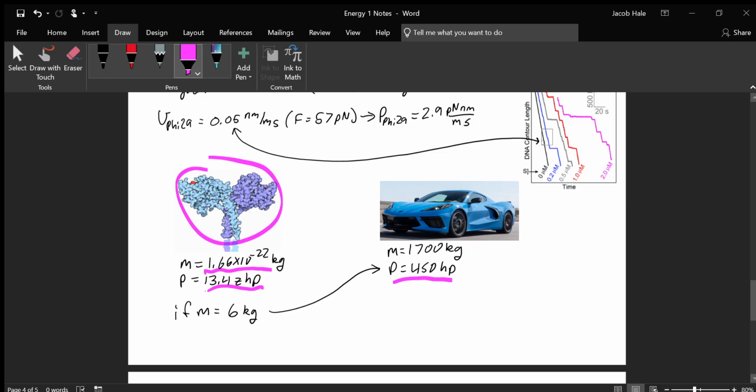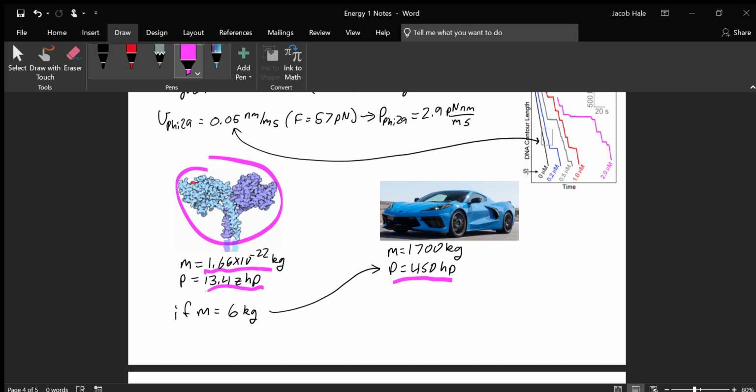If we scaled this kinesin up by mass, and everything was able to scale the same, then it would only have to weigh 6 kilograms to have the same horsepower as this Corvette, which is pretty crazy, because a large fraction of that 1,700 kilograms is in the engine.